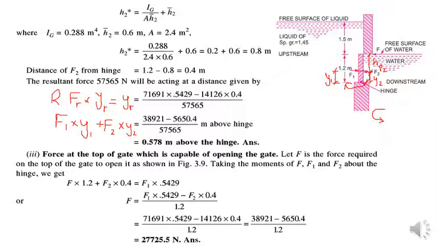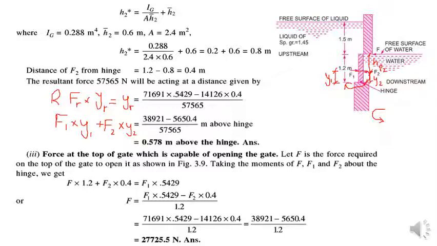Taking the moment of F, and of the resultant force caused by the components, the forces exerted on the gate from the upstream side F1 and from the downstream side F2, about the hinge. Then again the same equation we can use, but here the distance is not needed to be calculated; here the force needs to be calculated.